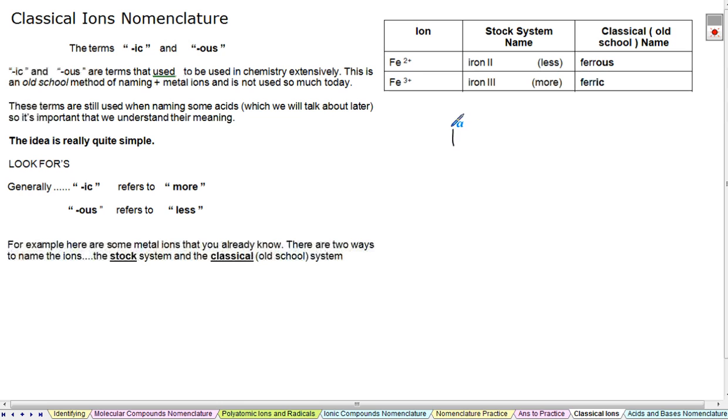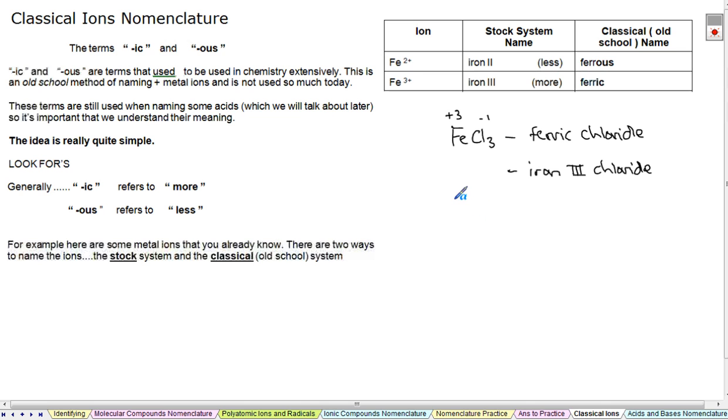So if I had something like this, under the classical old school name would be called ferric chloride. The reason for that is we know that chlorine's got a charge of -1. If I've got 3 chlorines, then that must mean my iron must have a charge of +3. The stock system name, of course, would be iron 3 chloride.